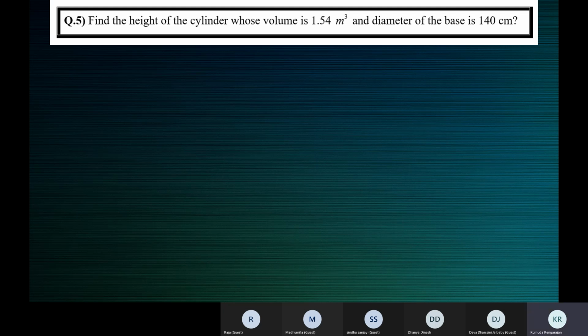All right, so we'll first convert the volume. Volume of cylinder is equal to 1.54 meter cube. How do we convert meter to centimeter, children?